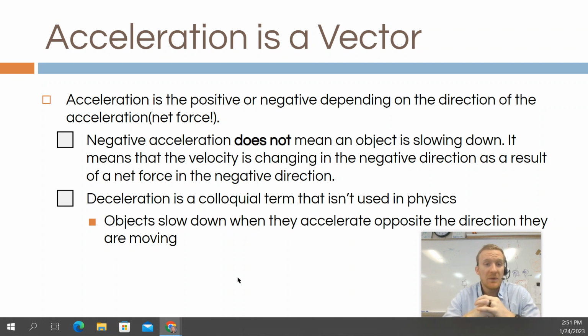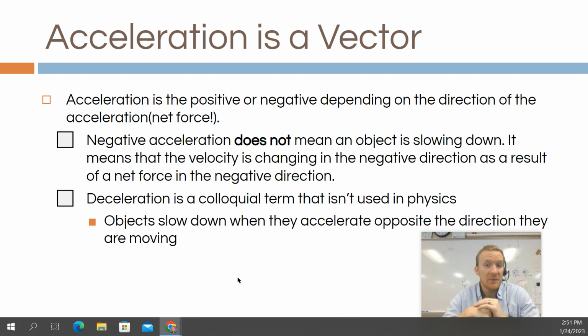We want to try and not use the term deceleration just because it's more of a colloquial term. It's not really used in physics. What we're really interested in when you're describing acceleration is that you're being very specific about how the motion is changing. It's one thing to say whether something speeds up or slows down, but acceleration is the key to figuring out what direction that is happening.